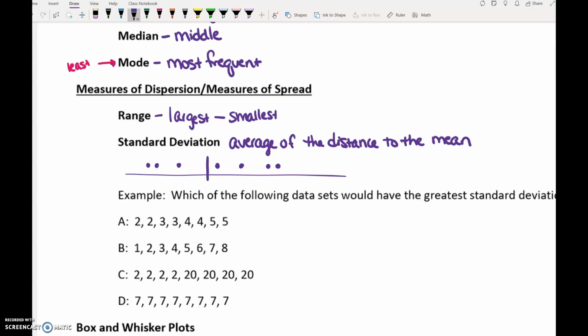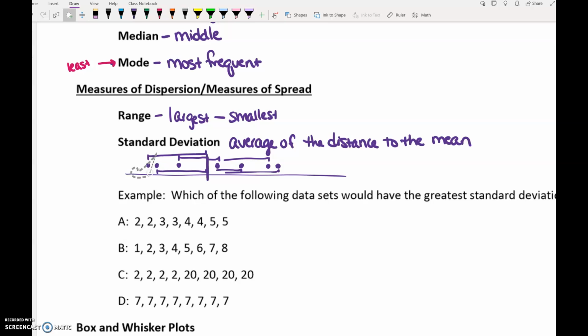I would find out how far this point is from the mean, how far this point is from the mean, and this one, and this one, and I would take all of those lengths and then find the average of those lengths. So it's the average distance to the mean.